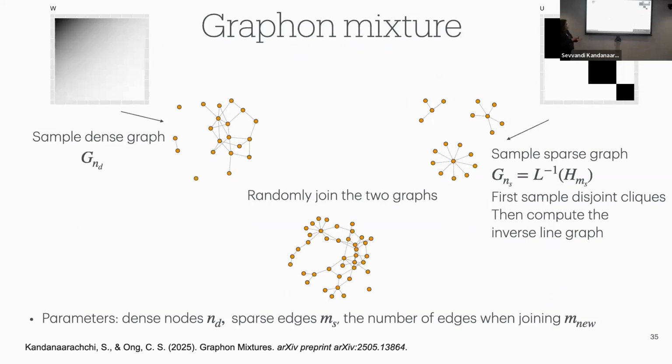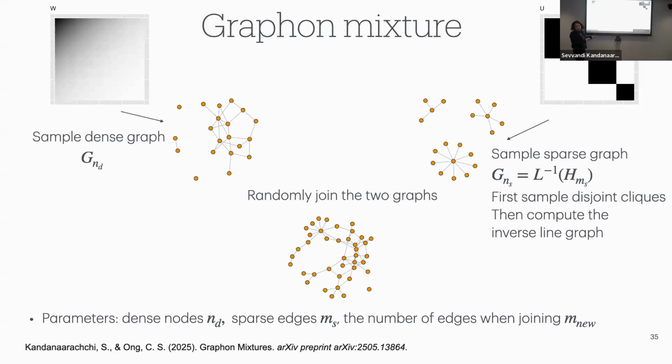So the Graphon mixture is you have a dense Graphon and a sparse graph. For the dense Graphon, you sample a graph like this. You have some number nd, the number of dense points you sample, and for sparse, you have another number. First, you sample the disjoint cliques and then compute the inverse line graph, which means those are the stars.